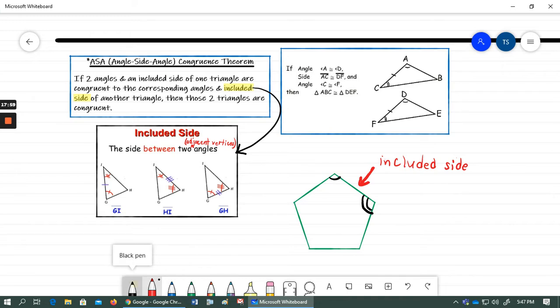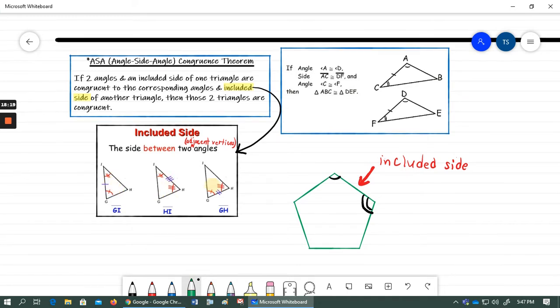Alright. So again, folks, in the little diagram that you're looking at on the left side, with these three triangles, these three triangles right here are not congruent to each other. Because, guys, your congruency symbols do not match up for the angles. They do not have matching congruent symbols for the angles there.